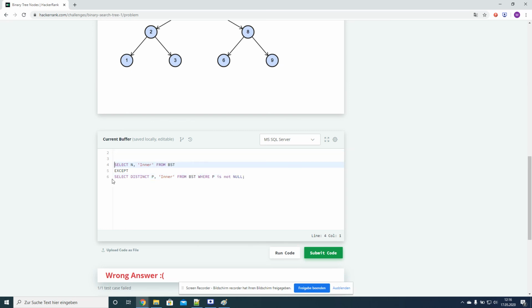Now we get the root value. Root, all here from BST where P is not null. We don't need the semicolon here. And I would like to union these ones.